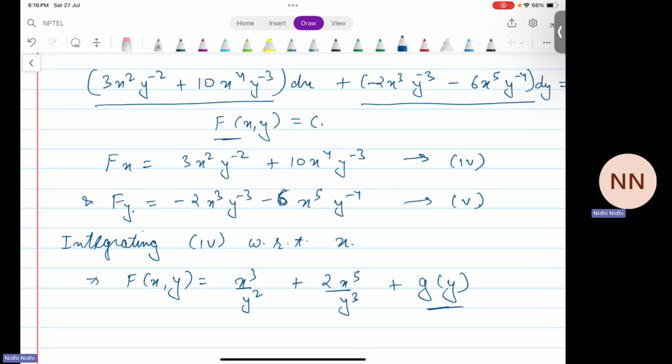Because the derivative of g(y) with respect to x would turn out to be 0.